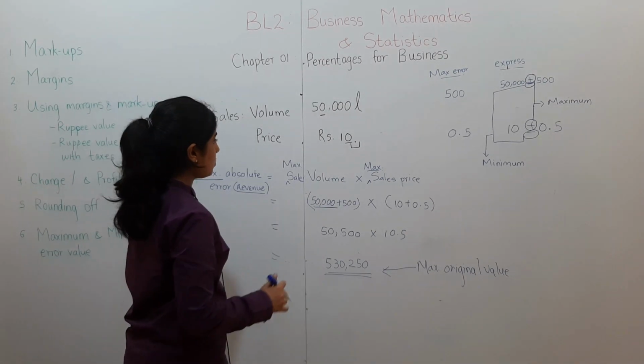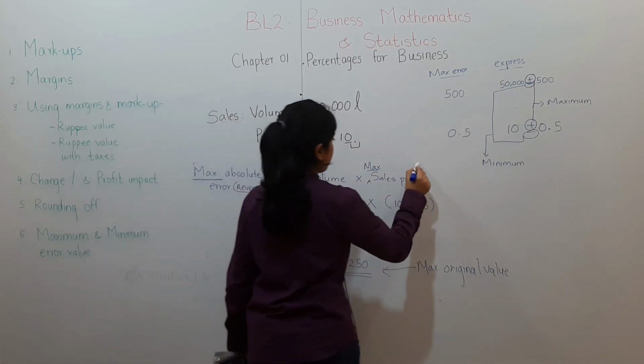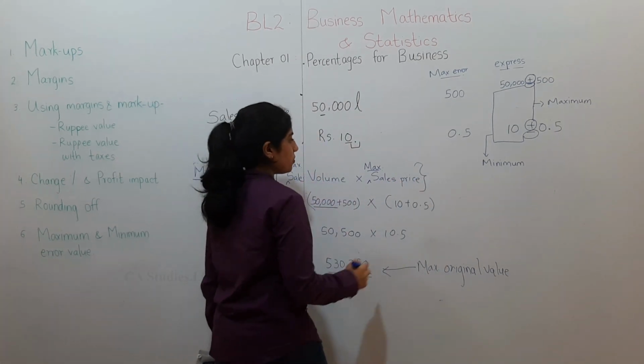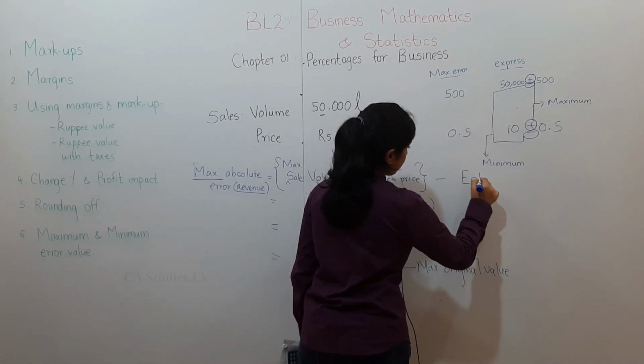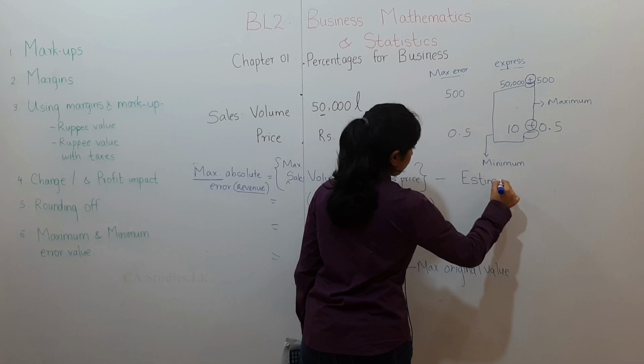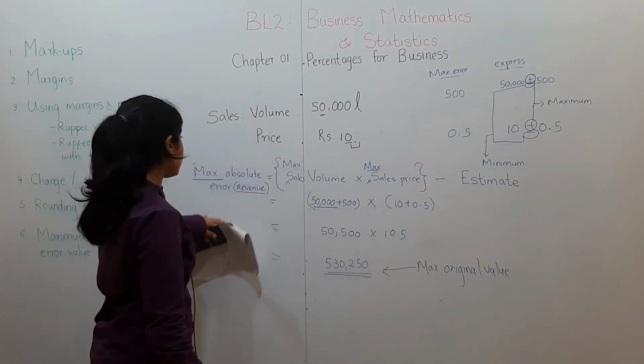So this one, add to the formula minus estimate. That was the absolute error formula.